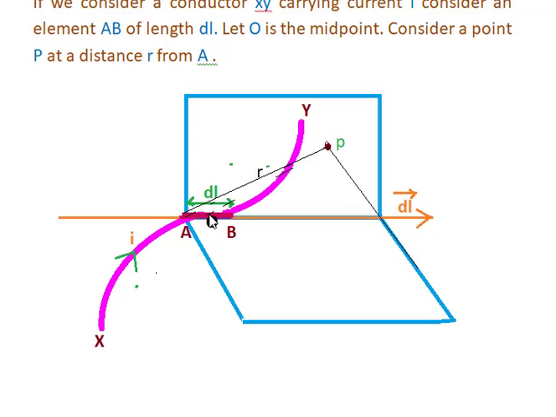Its center point is O. Consider another point P at a distance r from it. When current passes through the wire, it produces a magnetic field in this area.